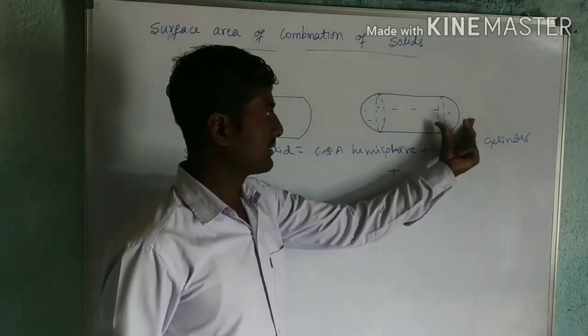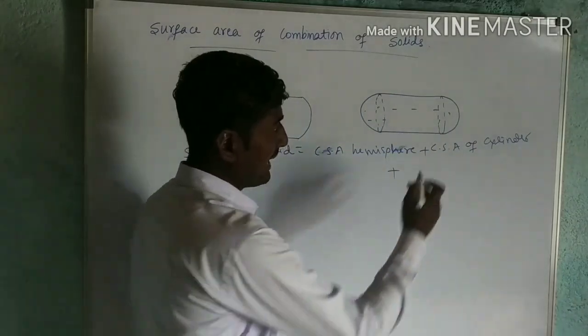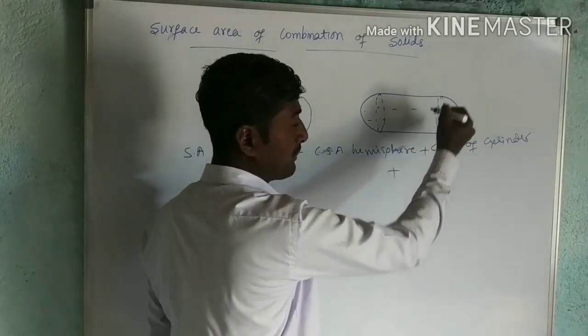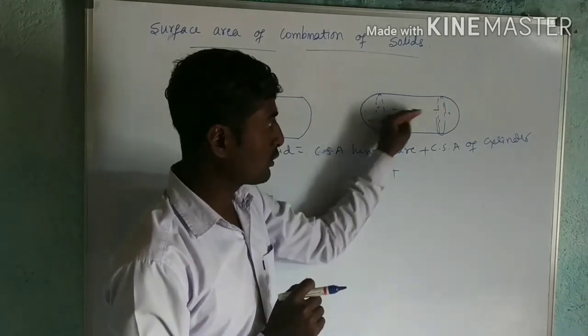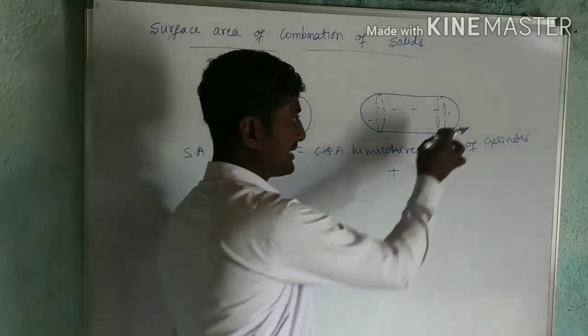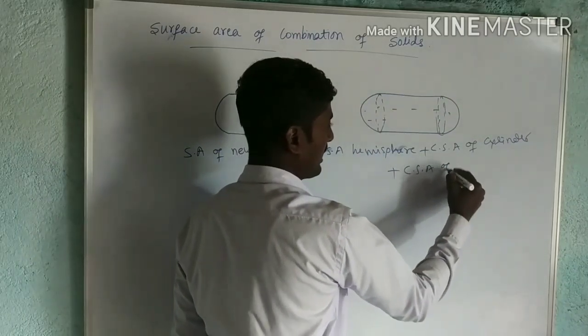Now the third one. This is also a hemisphere, and this circular base is also kept open, because diesel or petrol will go here. That's why I can take it as CSA of hemisphere.